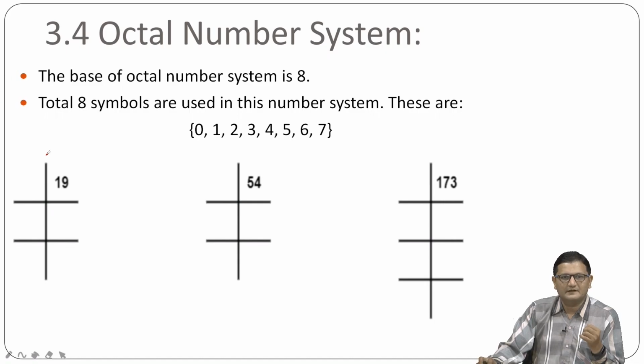let's suppose we have 19, and we want to convert this 19 into an octal number. So I will divide this 19 by 8.